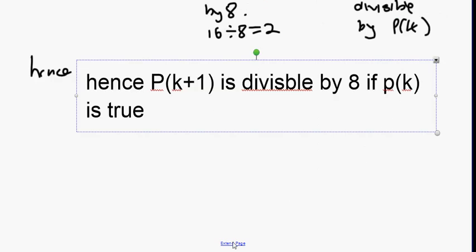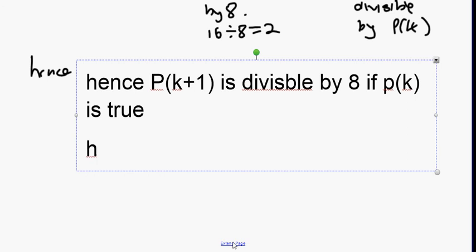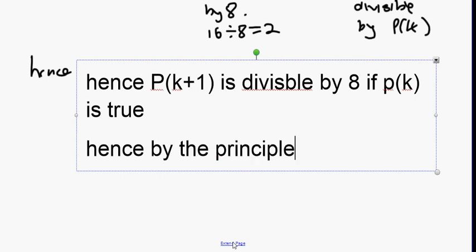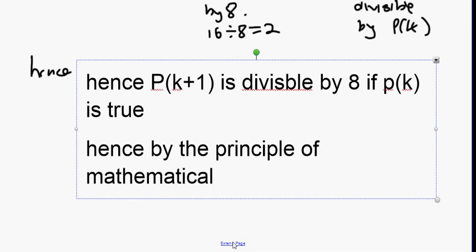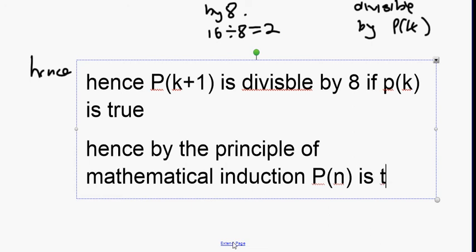Okay. Hence, by the principle of mathematical induction, P of n is true. So this basically means P of any number is true. Okay.